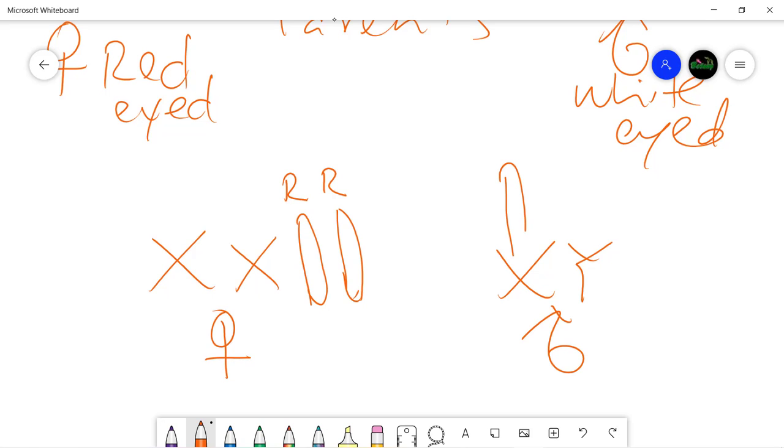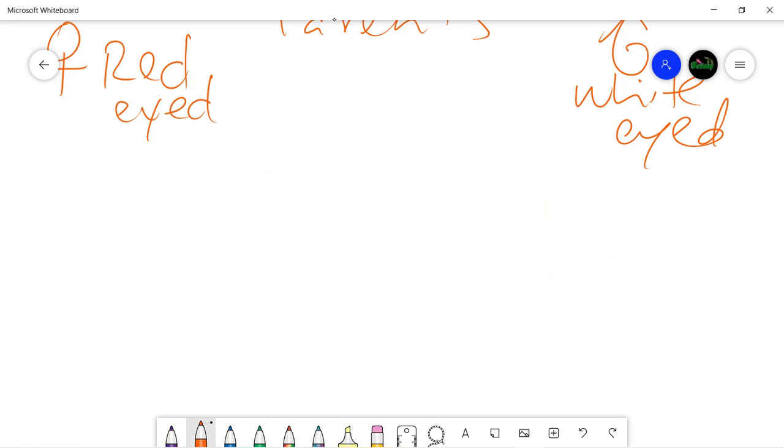X will be a straight rod and Y will be a slightly curved one. So this will be R, and this particular chromosome, the Y, does not carry this allele for eye color. There is no allele on the Y chromosome, and this is why all the results are totally different. Okay, so now let's make the cross.